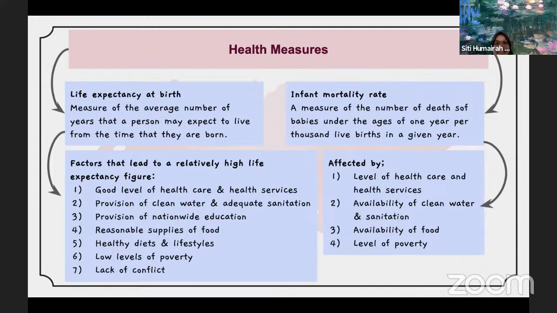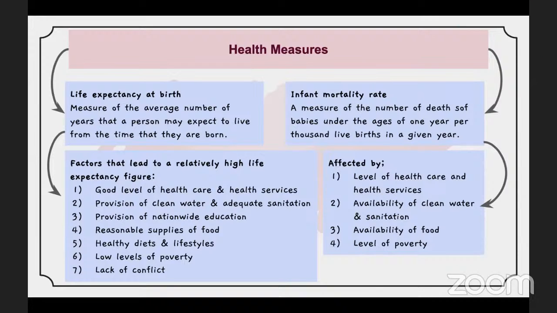Okay, so the second example of health measures is infant mortality rate. It's a measure of the number of deaths of babies under the age of 1 year per 1,000 live births in a given year. Every 1,000, kan?